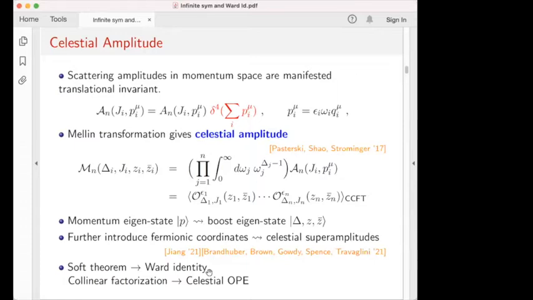Is it kind of just an artificial trick, or do you really need this Mellin transform, or is that a way to realize the conformal group more explicitly? Yeah, if you do this Mellin transformation, then this celestial amplitude can be regarded as a correlation function, which makes this Lorentz symmetry manifest.